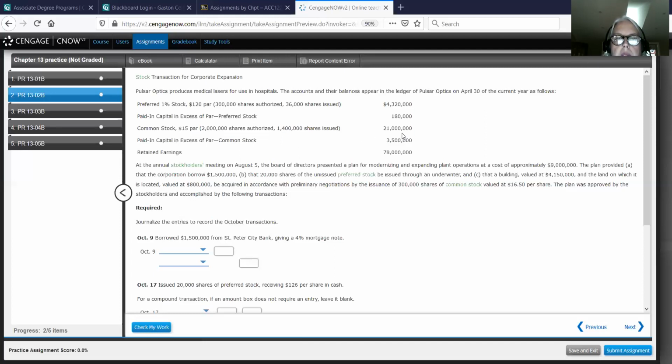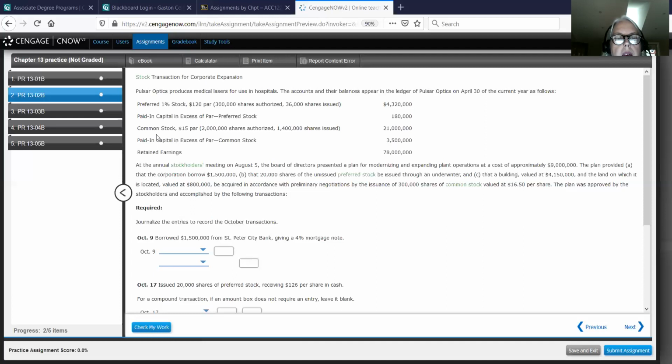This $21 million represents the par value of the common stock. So if we took the 1,400,000 and multiplied it by the $15 par value per share of stock, it will give us the $21 million in total par value.